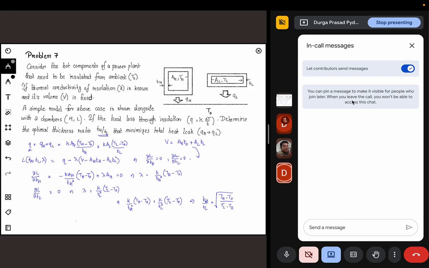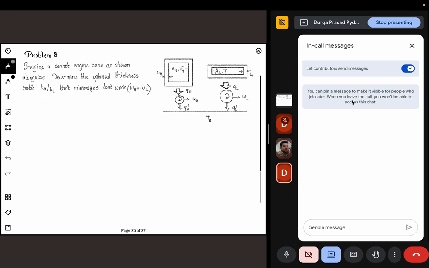So now the question is, how do I give relative importance to both of these? That's the next part of the question. There is some heat rejection here. Now we will put a Carnot engine here. I think you are familiar with thermodynamics, right? If I put a Carnot engine, I can get some work here. Instead of minimizing the total heat loss, we will try to minimize the lost work.